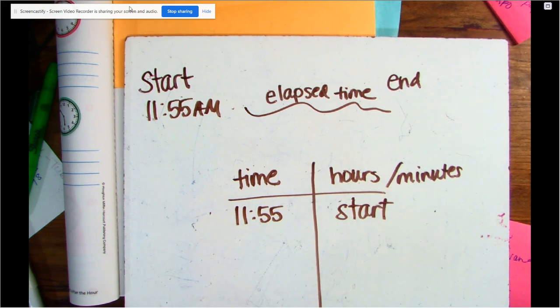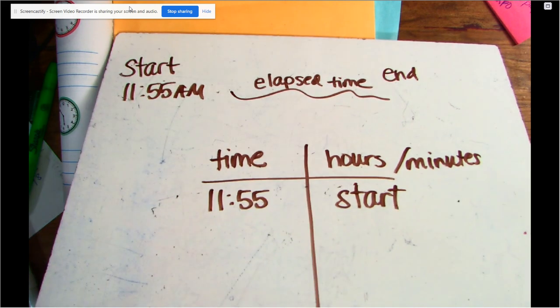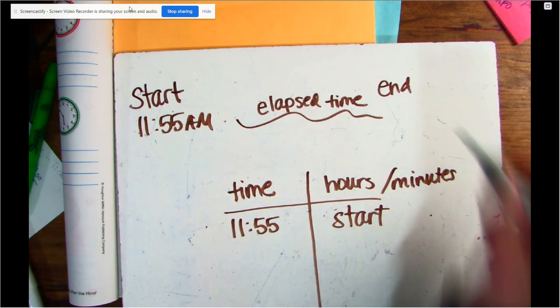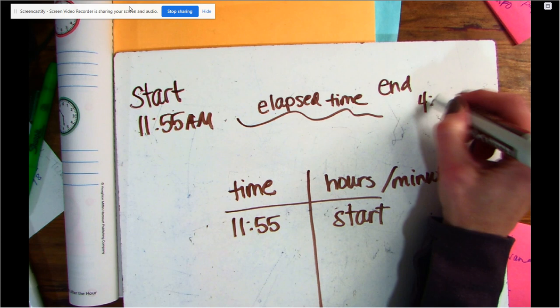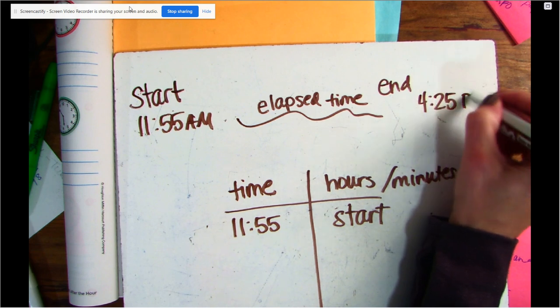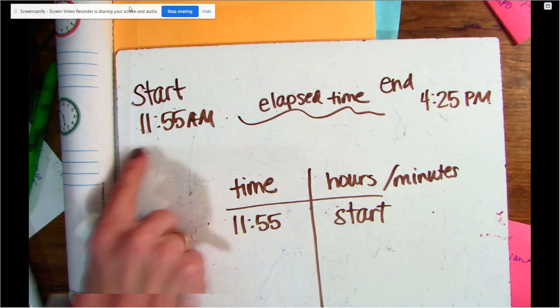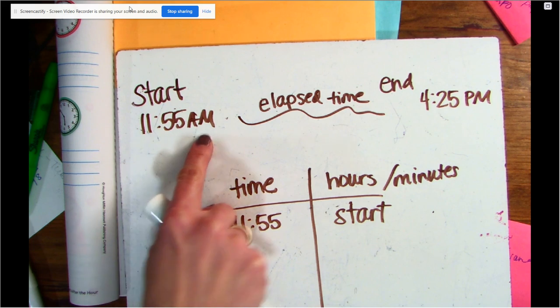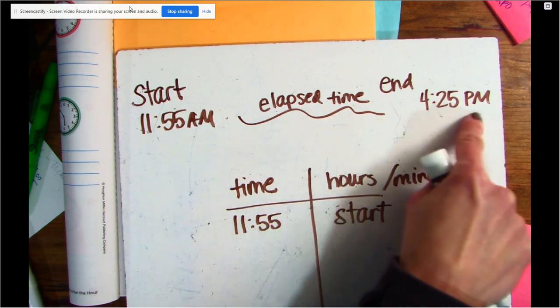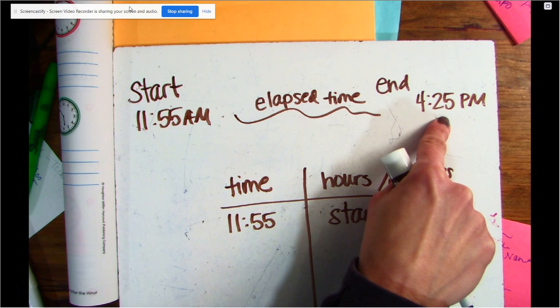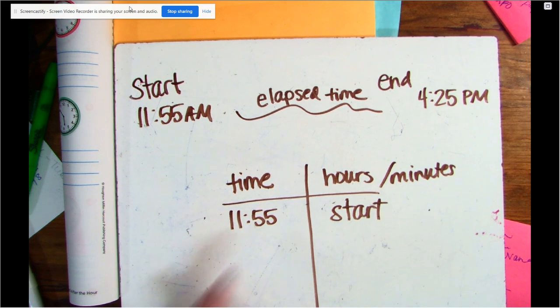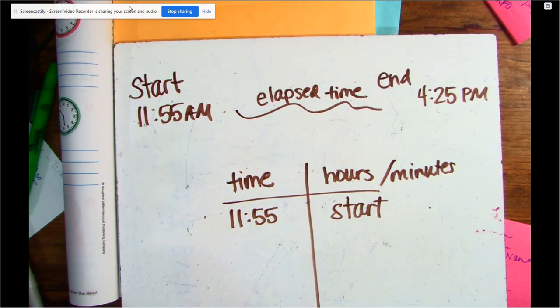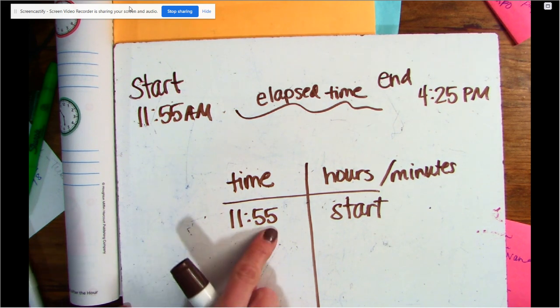And then remember, we want to know what's our end time. 4:25 p.m. So this is right before lunch. Time passes. This is about the time you might get home from school. Okay, it would be a little bit before dinner time. Okay, I like to do 5-minute hops. 11:55.